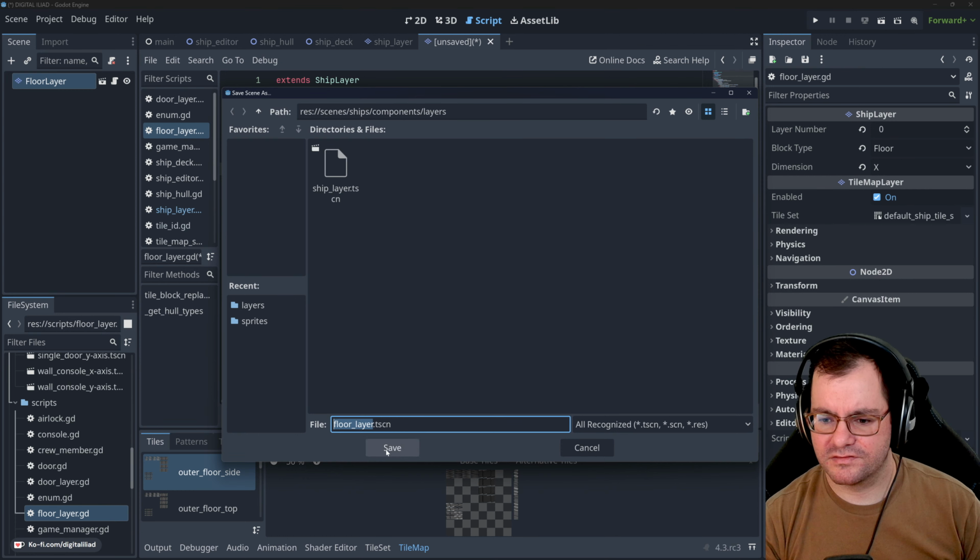Your layer 0, the X dimension, your layer 1, you're the Y dimension, your layer 2, here's the Z dimension, etc. Okay, that should be good.